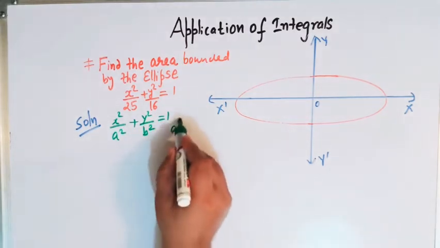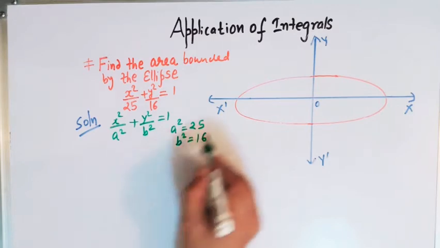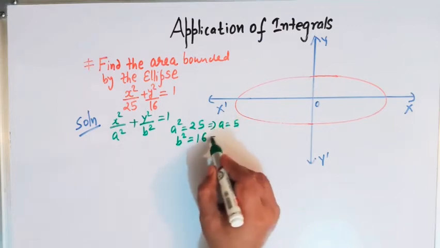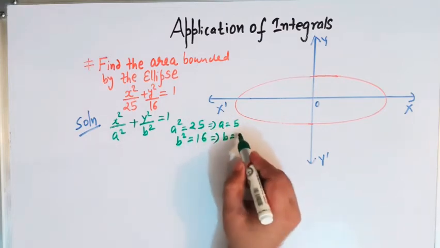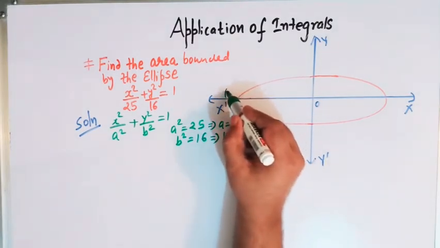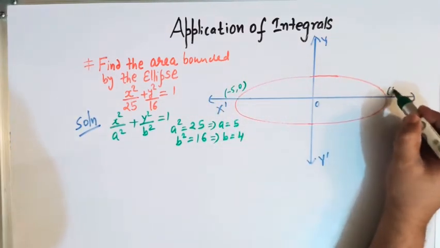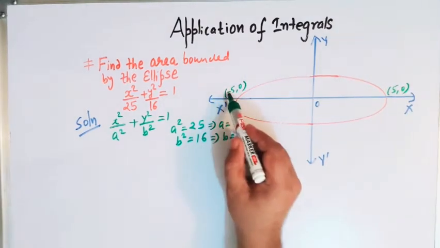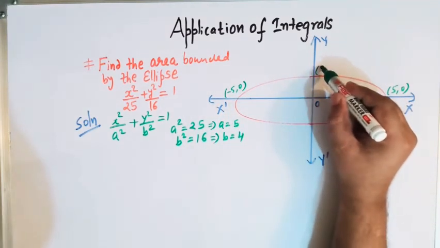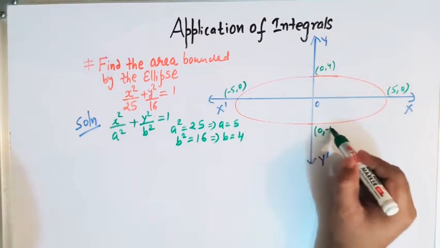we get a square is 25 and b square is 16, and from here we get a is 5 and b is 4, right? So here this coordinate is minus 5 comma 0, and this is 5 comma 0, and here we have 0 comma 4, and this is 0 comma minus 4.